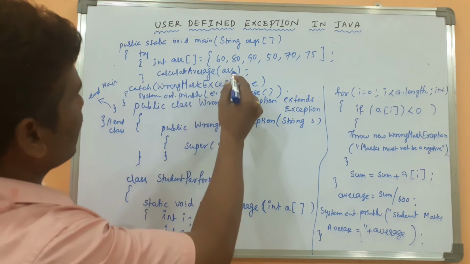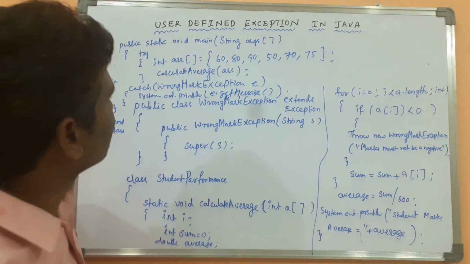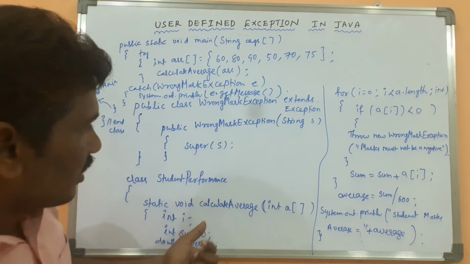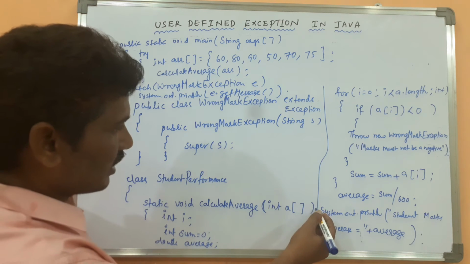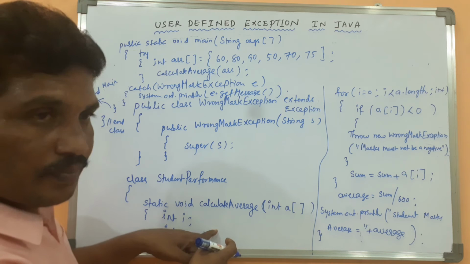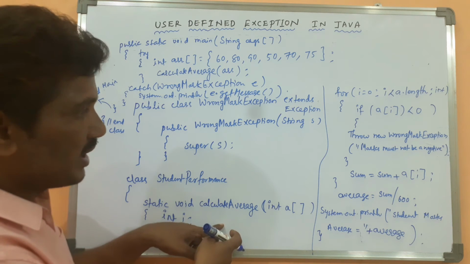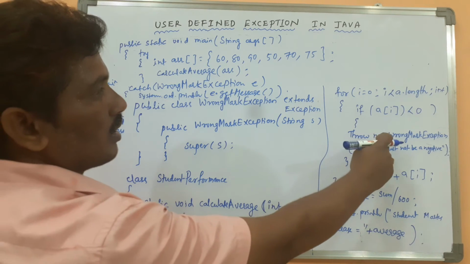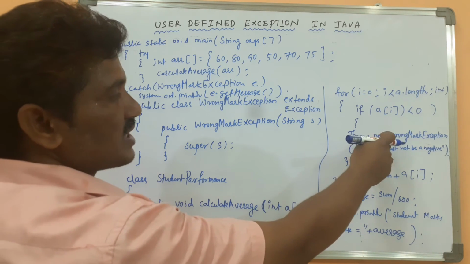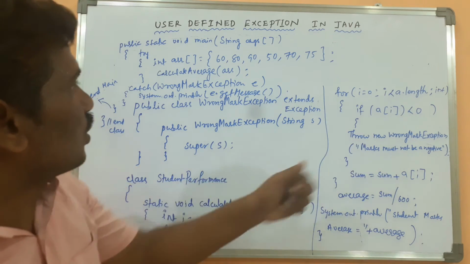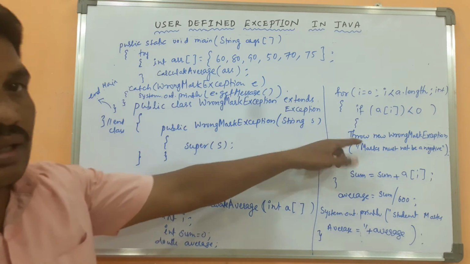Whenever you write this statement, the control comes to this method because it is a user defined method. If the method detects any type of exception, it will be thrown. If the method has detected wrong mark exception, it will be thrown to the catch, the next level.